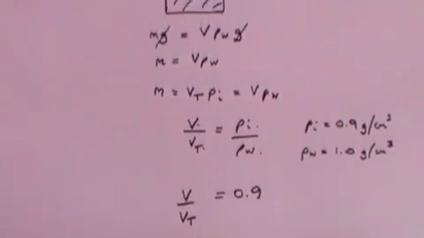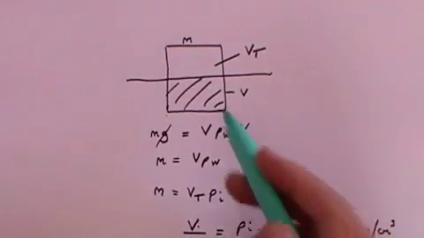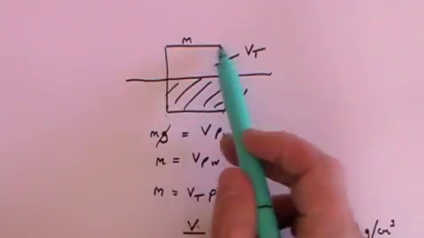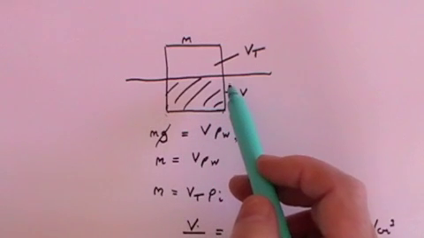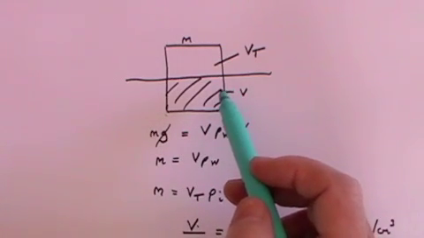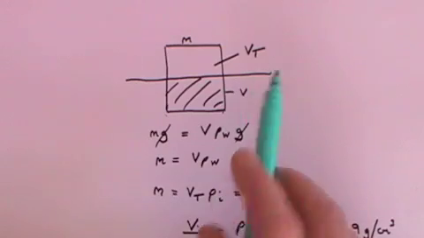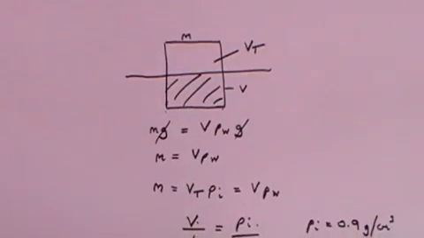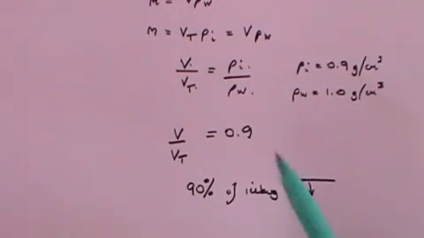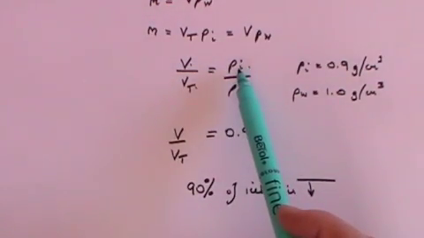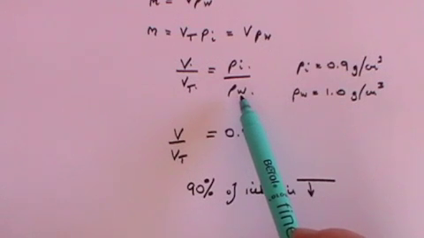And so whenever you see an iceberg, you know that despite the massive amount of ice that seems to be above the surface, lurking below the surface is another 90% of the volume of the iceberg. The final question I want to deal with is that it appears to be the case that objects only float if their density is less than the density of the fluid that they are floating in.